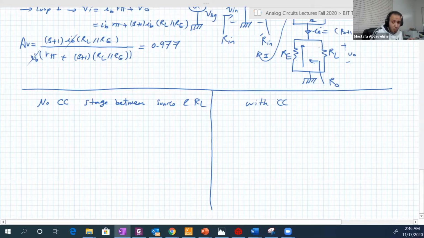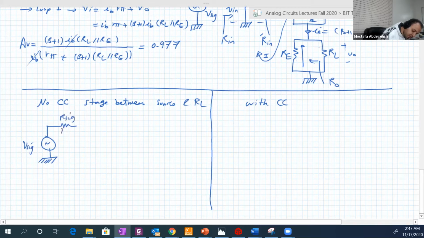If we don't have a common collector, we have the source V signal and R signal, which is 10 kilo ohms, directly connected to the load, which is 1 kilo ohm.